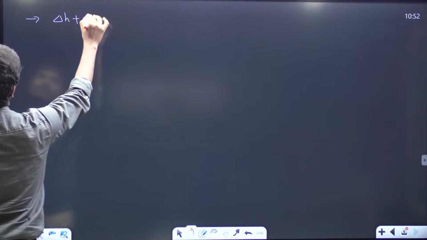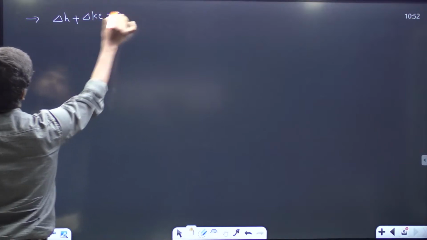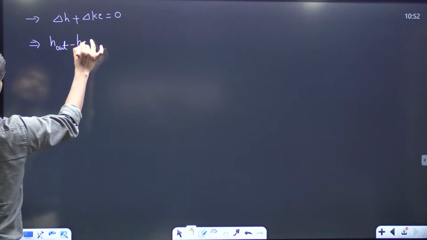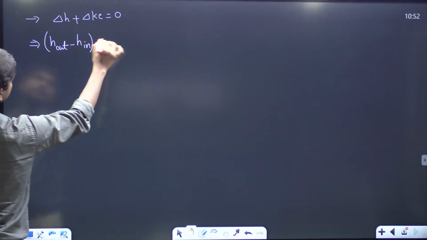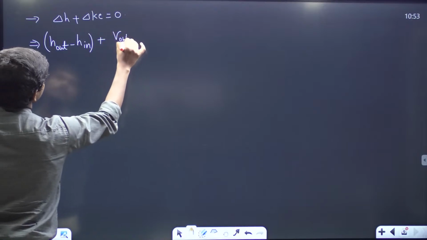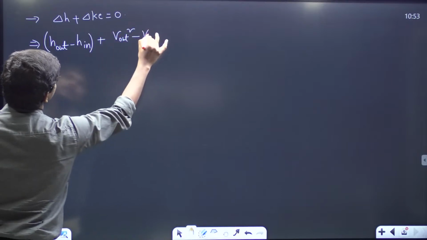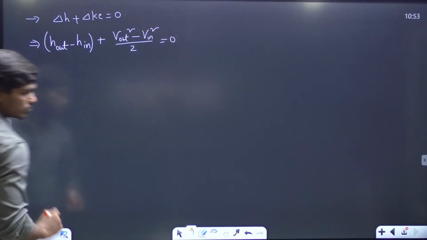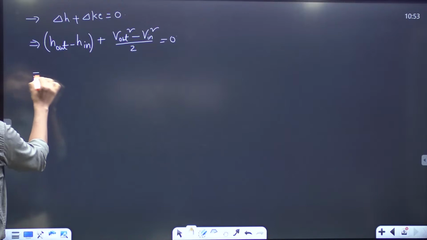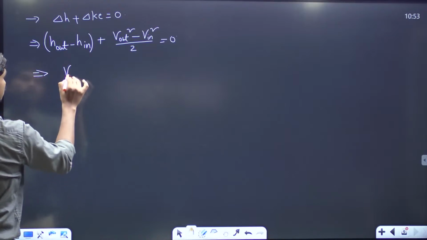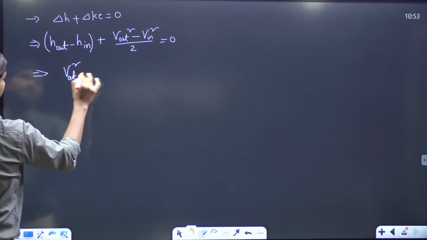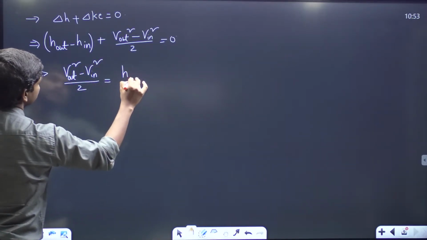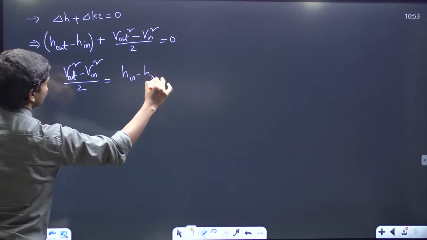Delta H plus delta KE is equal to 0, which means H out minus H in plus (V out square minus V in square) divided by 2 is equal to 0. Yes or no? So (V out square minus V in square) divided by 2 is equal to H in minus H out.